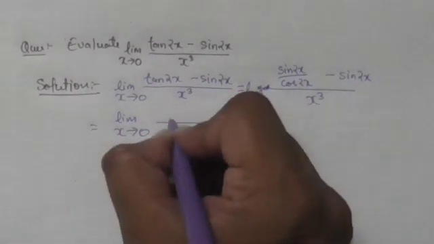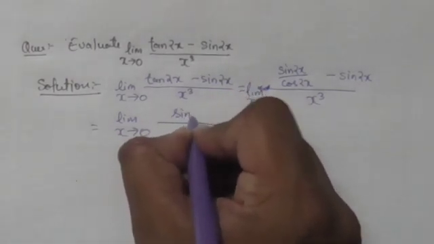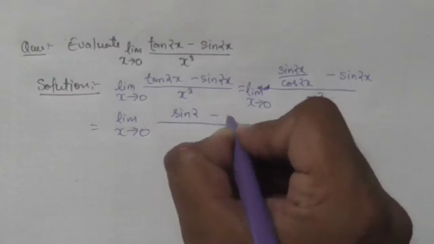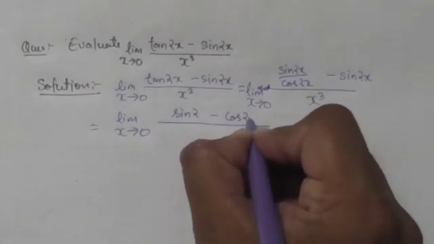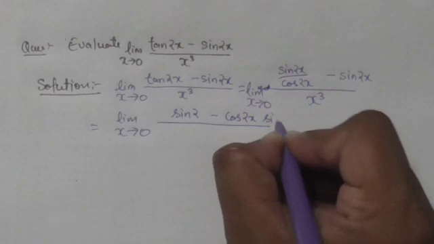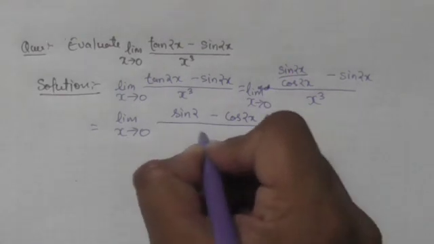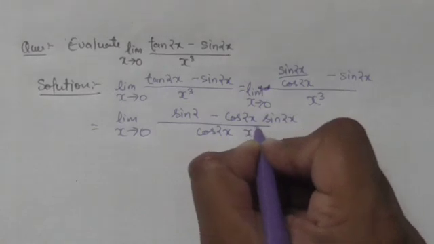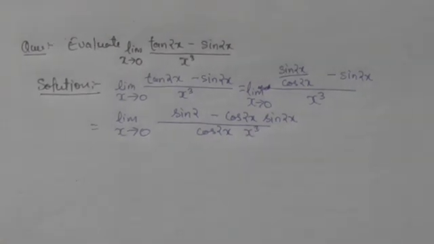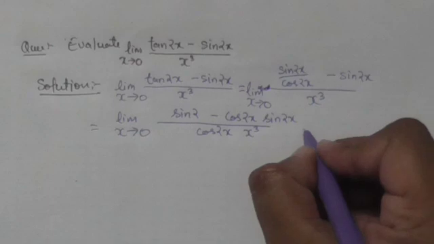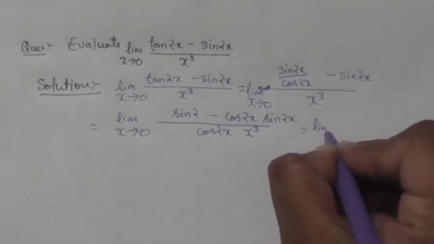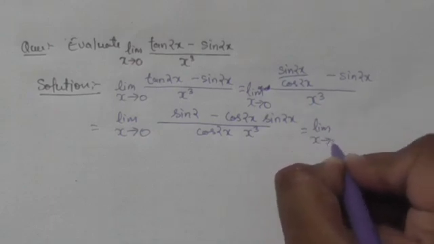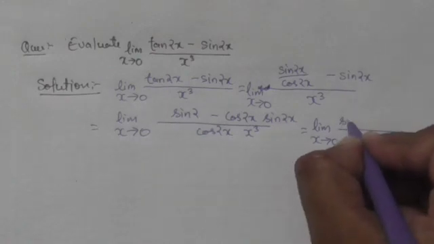In the numerator we have sine 2x minus cos 2x into sine 2x, upon cos 2x into x raised to power 3, and it is equal to limit x tends to 0 sine 2x.